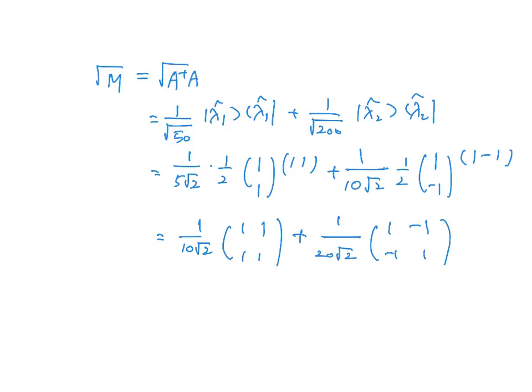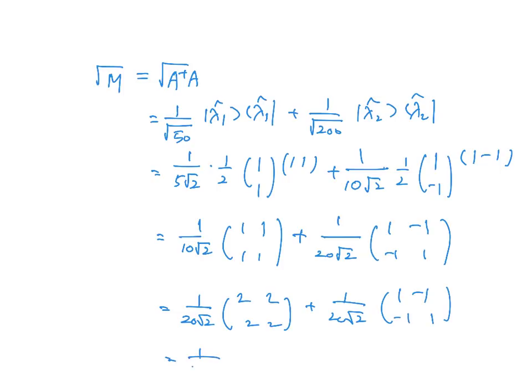So how do we do that? 10, 10, 20. So make it 20, 22, 2, 2, 2, 2, plus 20 square root of 2, 1 minus 1 minus 1, 1. So 20 square root of 2, 3, 1, 1, 3.